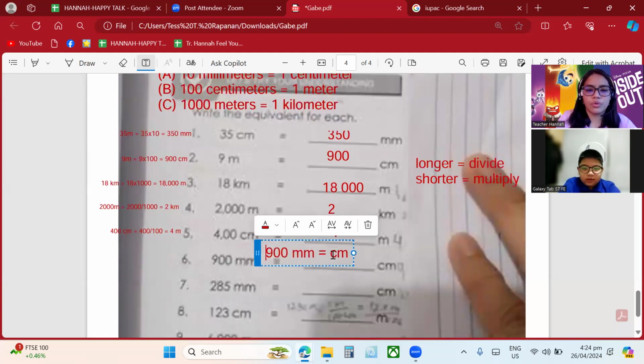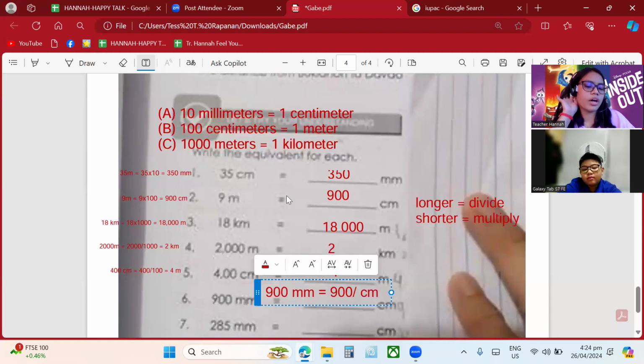Okay. So we have 900 divided by what? Look at conversion A. Divided by 10. Very good. So what is 900 divided by 10? What's your answer? 900 divided by 10.